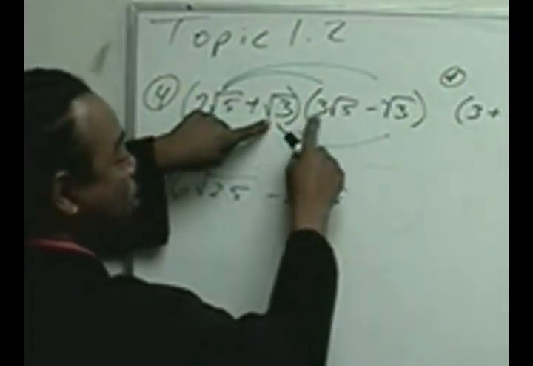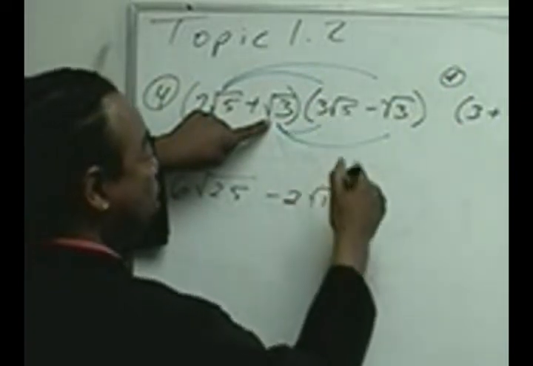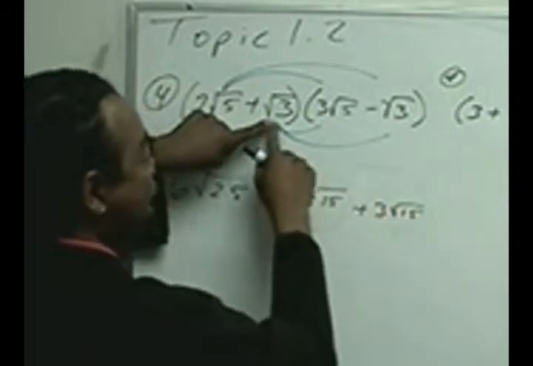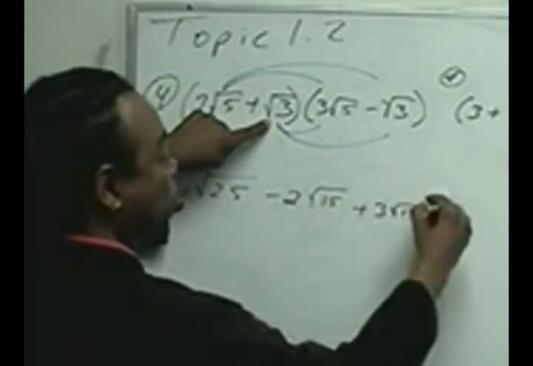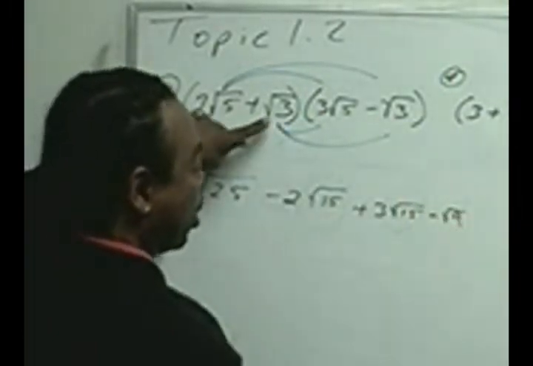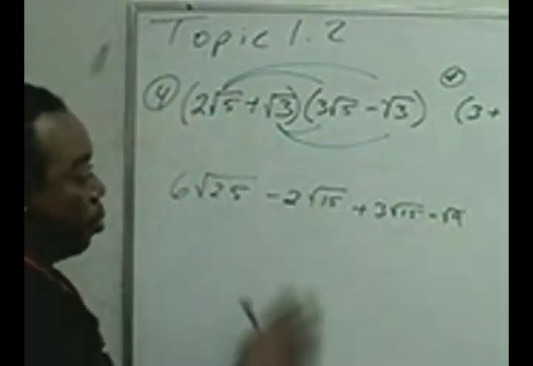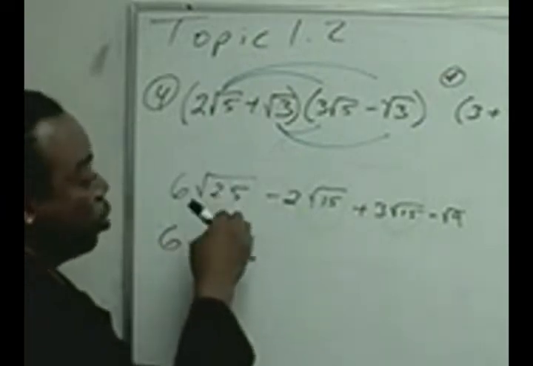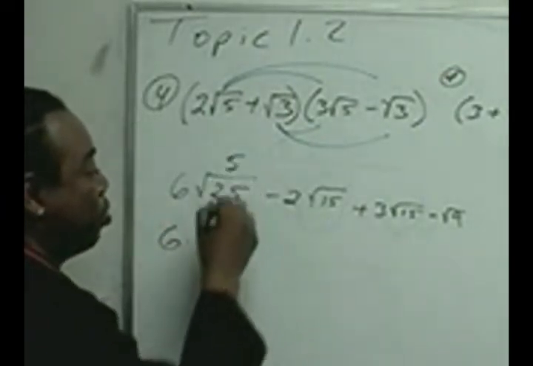Inside, we have the square root of 3 times 3 and the square root of 5. That gives us positive 3 and the square root of 15. And the square root of 3 times negative square root of 3 will be negative square root of 9. Okay, now start simplifying. This will end up being 6 times, this simplifies to a 5.